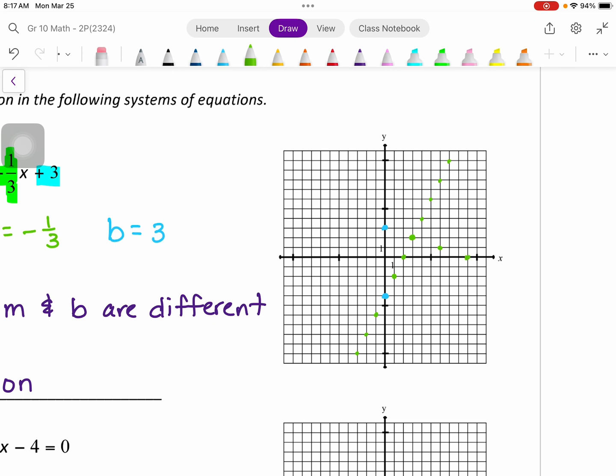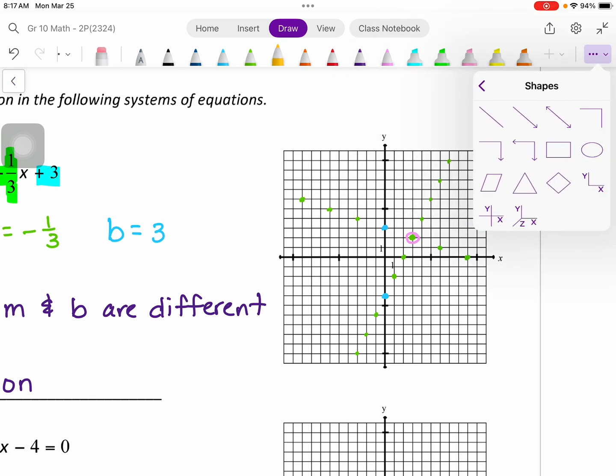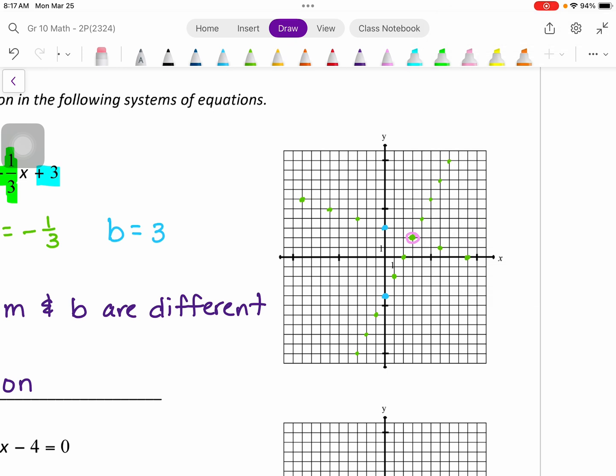And I can see that one point that I drew on was exactly on top of a point that was in the other one. So that's going to be my point of intersection, but I'll draw in my lines to see this. So I have one linear relation here.